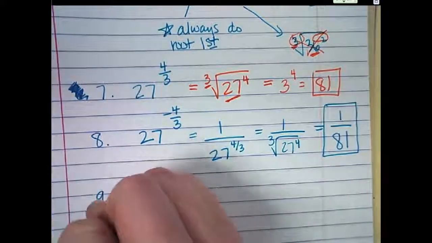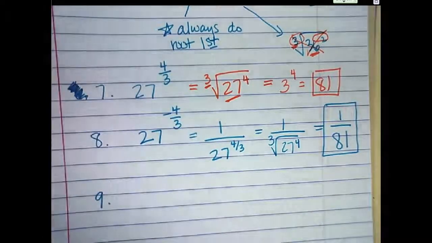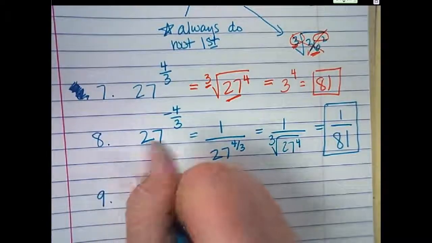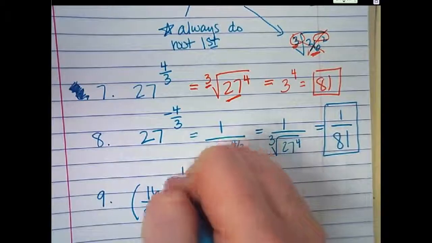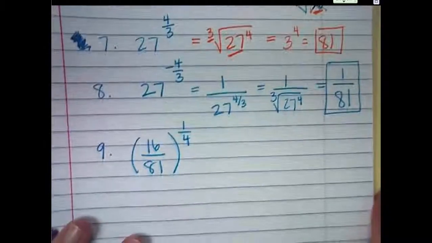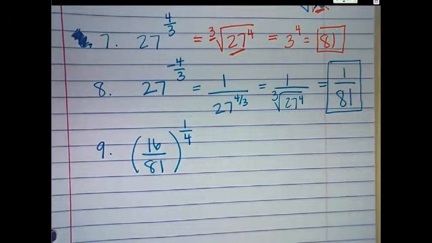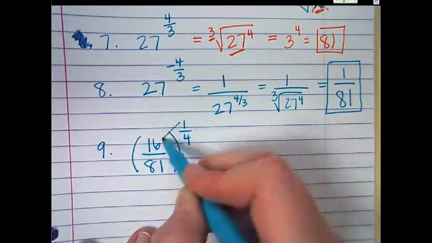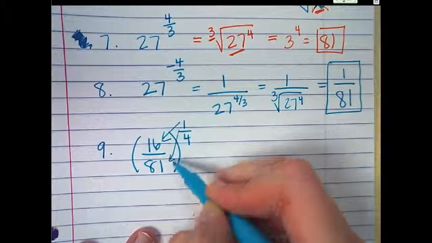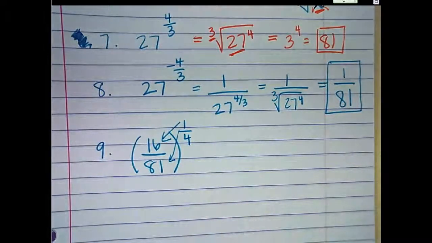Okay, number 9. 16 over 81 to the 1/4 power. Just because I have a fraction here, nothing changes. You're going to do the 1/4 to the 16 and also to the 81. So you do it to both. Rewrite the 16 with the 1/4 and the 81 with the 1/4.